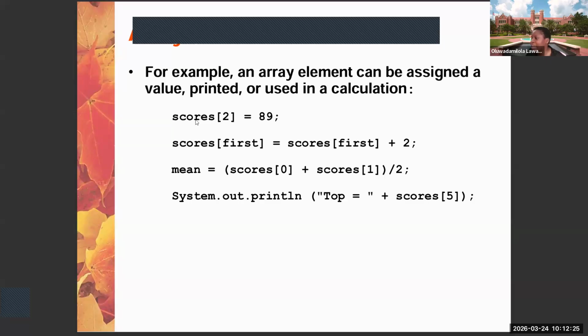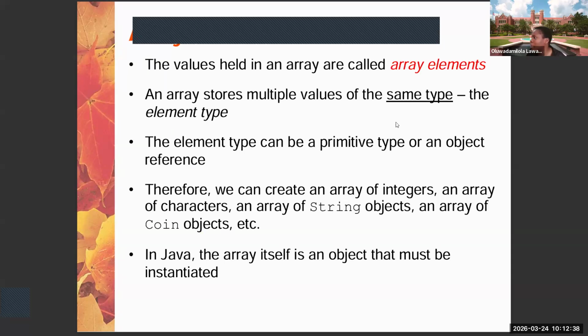We're declaring, but I want us to go into the syntax first before we go to an example. So the values held in an array are called array elements. I have discussed that. They have to be of the same data type. Very important. The element type can be a primitive data type, so we're talking about integers, floats, doubles, but each element within a specific array has to be of the same data type.